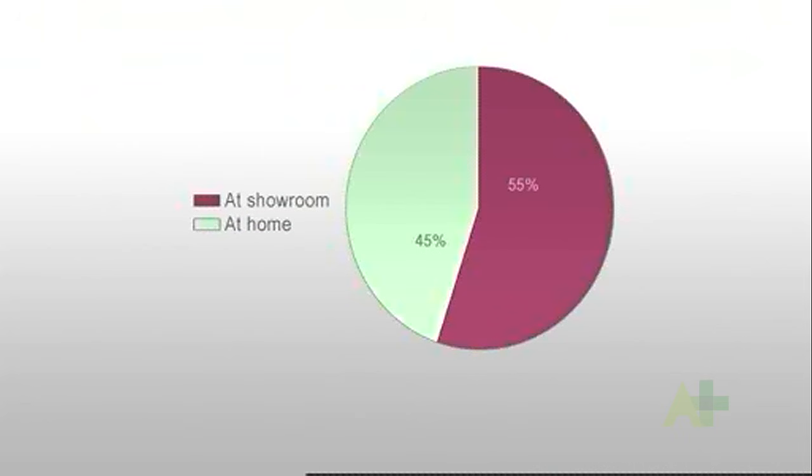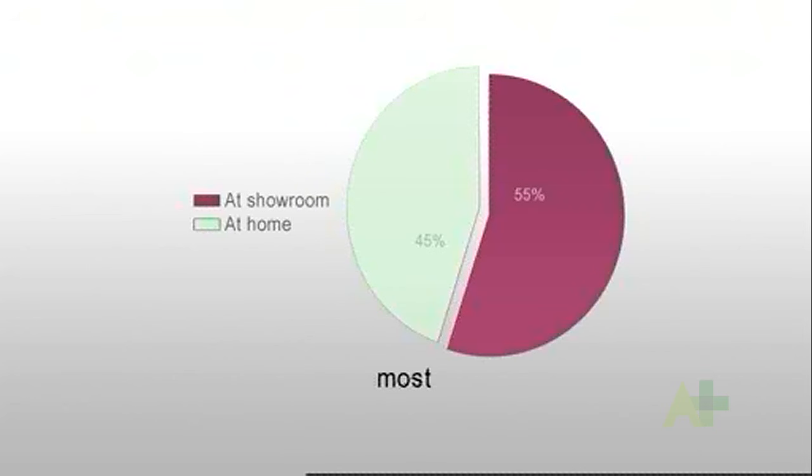Let's look at the diagram and how we can describe numbers or statistics. First, Tan says most people decided what to buy at the showroom. Because more people decided at the showroom than at home, we can say most, the majority, or over half.